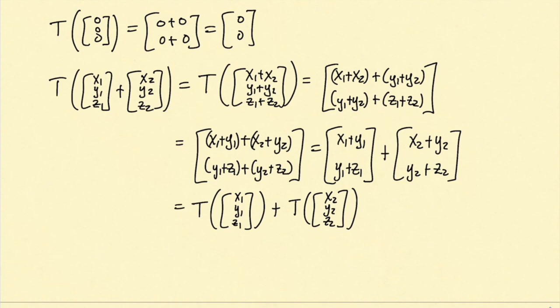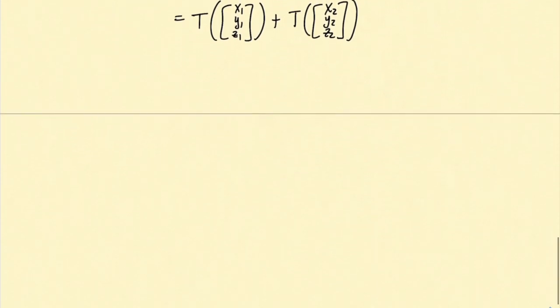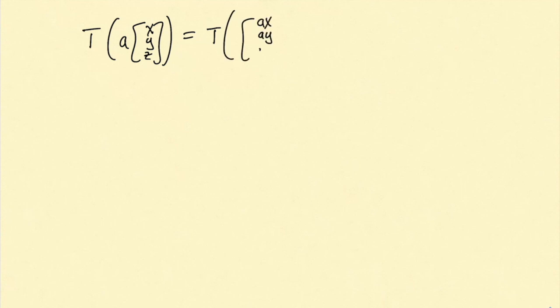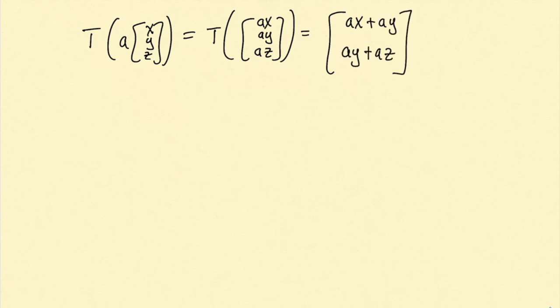The third thing we have to check is that our scalars can be pulled through the function evaluation. If we choose a scalar a and a vector x, y, z, we can first scale our vector, then apply T. Next, we observe that we can factor an a out of each of the coordinates.